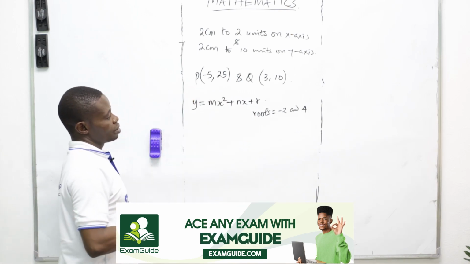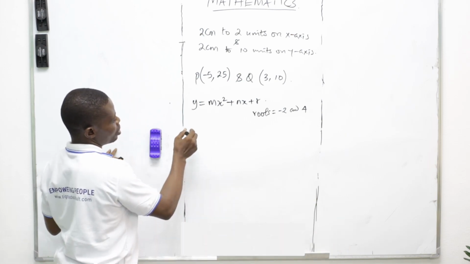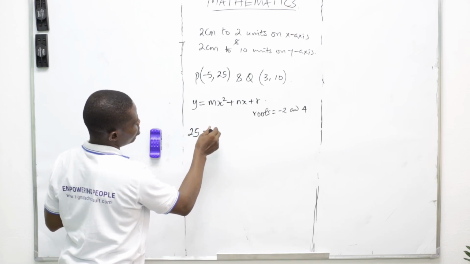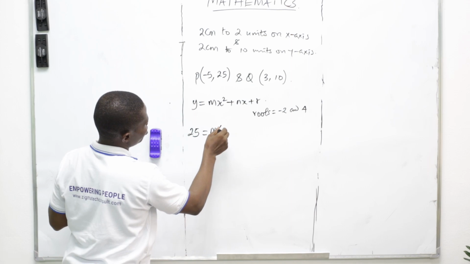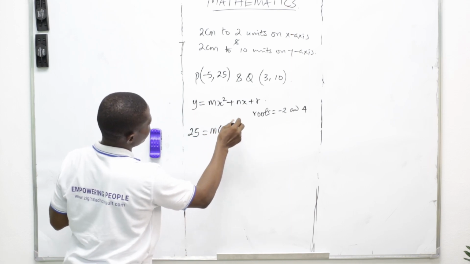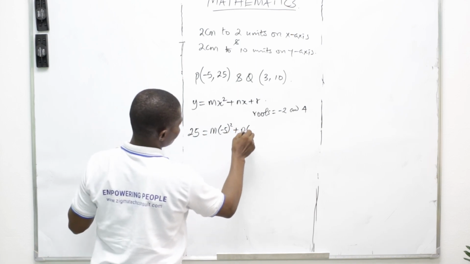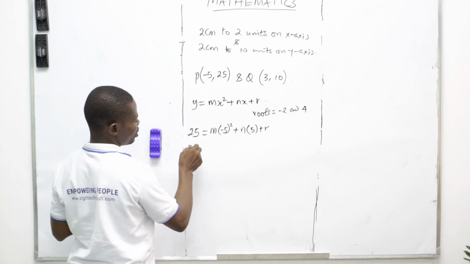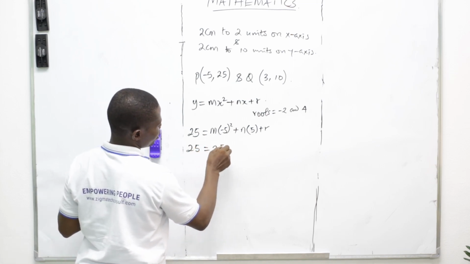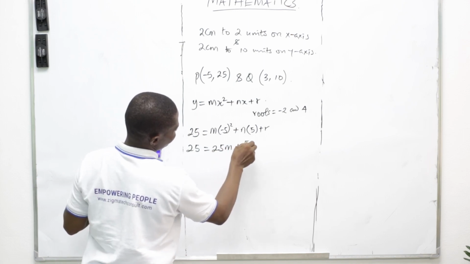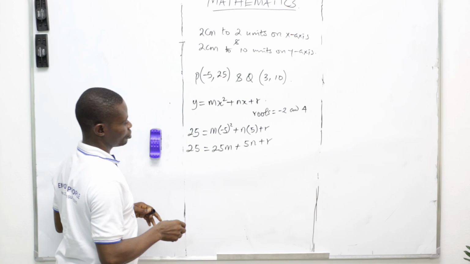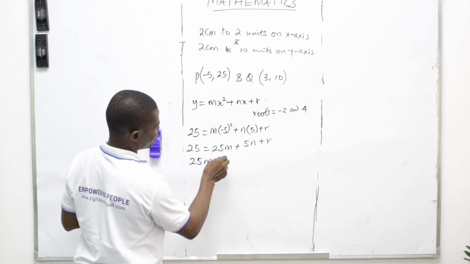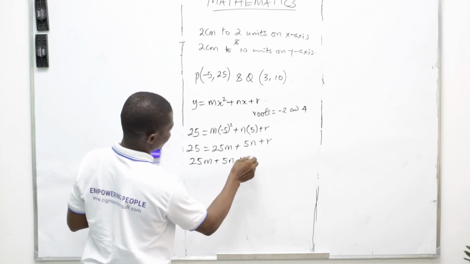Now, from this coordinate, if y is 25, you write 25 equals m into minus 5 squared plus n into minus 5 plus r. We're going to have 25 equals 25m minus 5n plus r. So 25m minus 5n plus r equals 25.